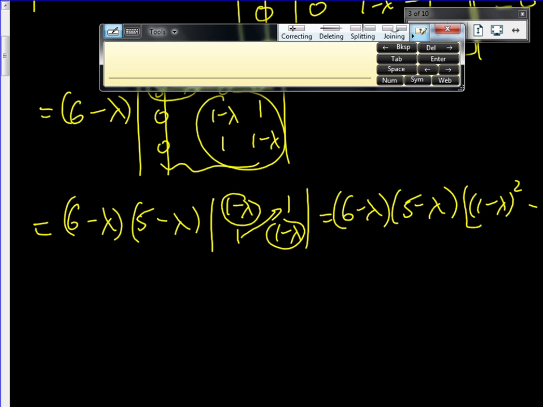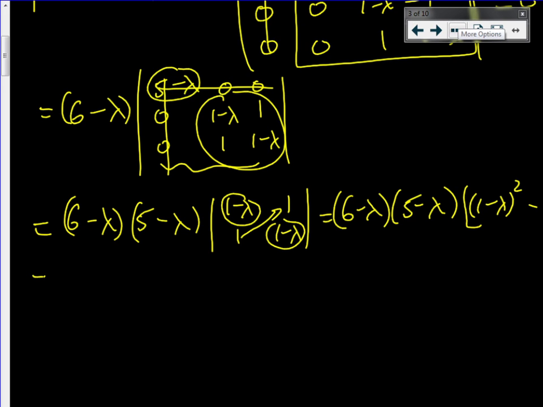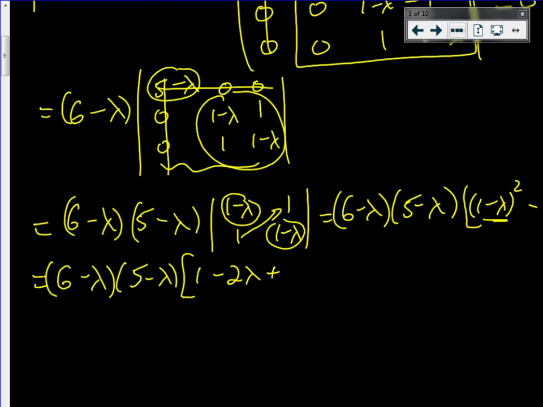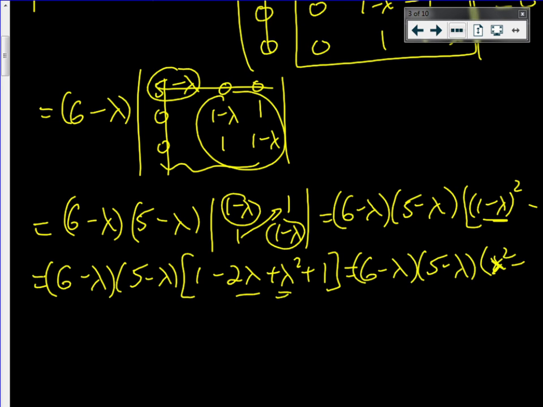So what we get is the following. We get 6 minus lambda times 5 take away lambda times, I'm going to square that, 1 minus 2 lambda plus lambda squared plus 1. This is 6 minus lambda, 5 take away lambda times lambda squared minus 2 lambda plus 2.